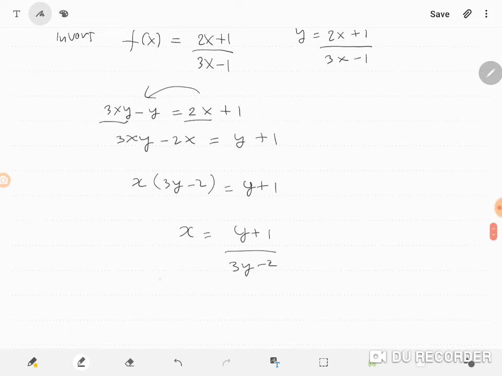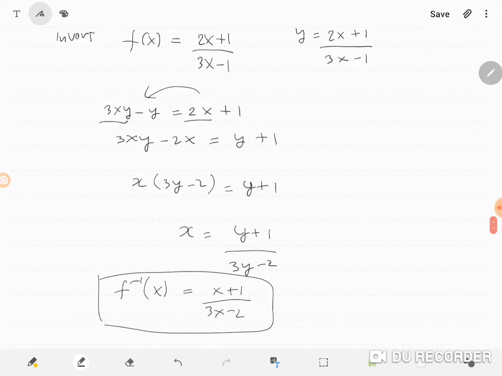Okay, remember for inverse, you change everything y here into x. So the inverse of f(x) is x plus 1 over 3x minus 2. Okay, so that is for the inverse of C.